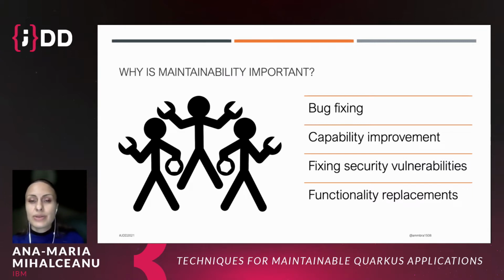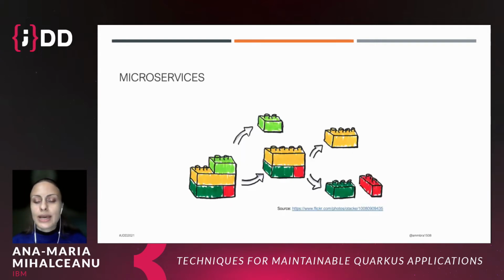So maintainability nowadays has become way easier because the world has embraced more and more the microservices architecture. And the reason why we as developers, as DevOps, as QA engineers are embracing more and more this type of architecture is because, first of all, from an operational point of view, it gives us deployment independence.